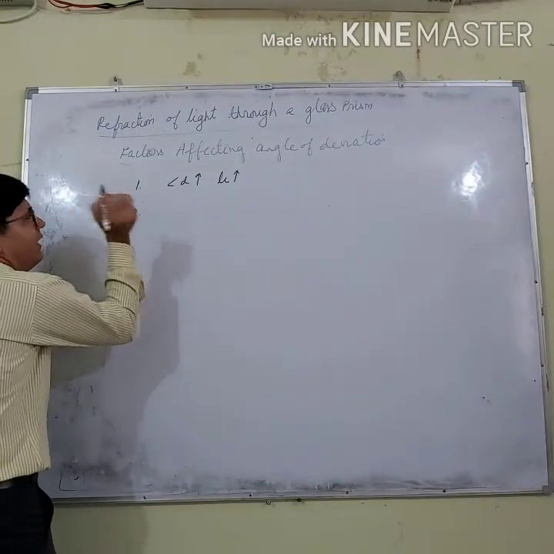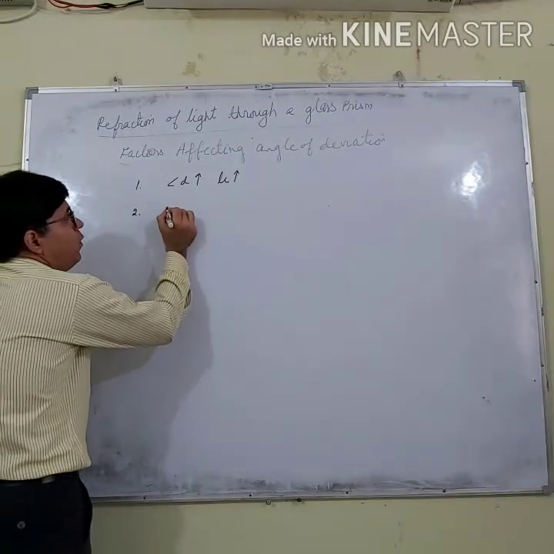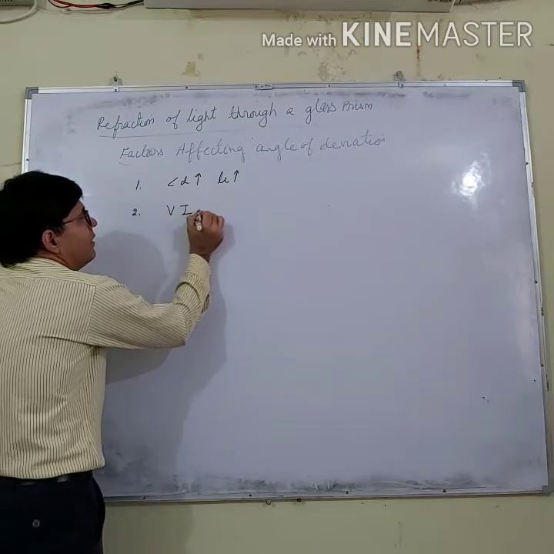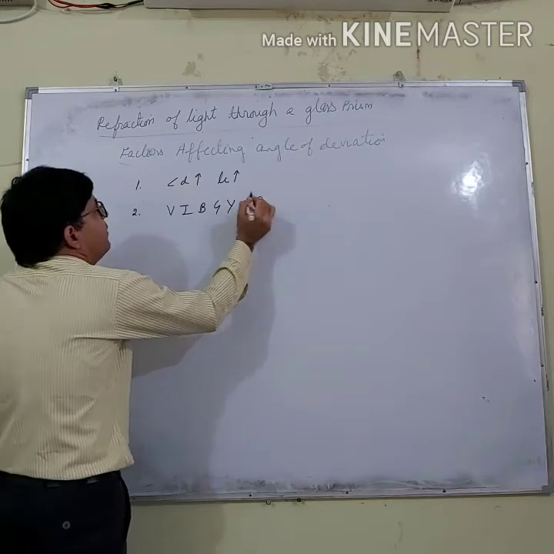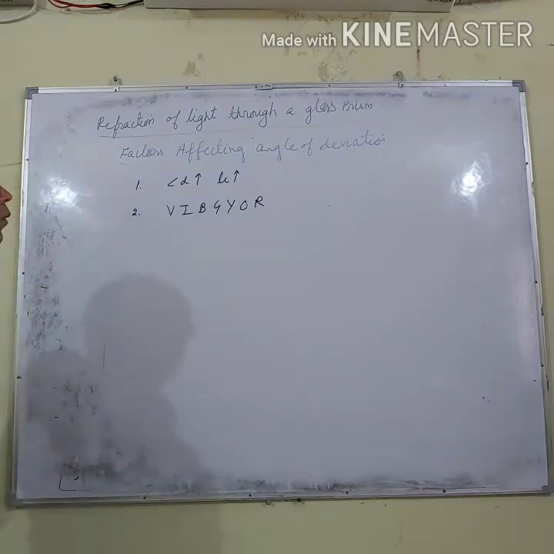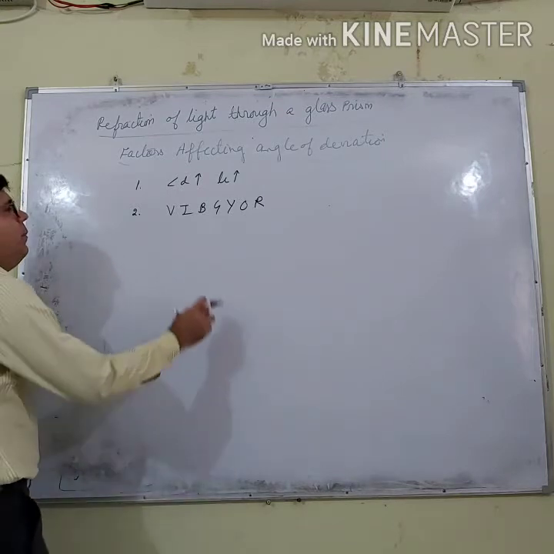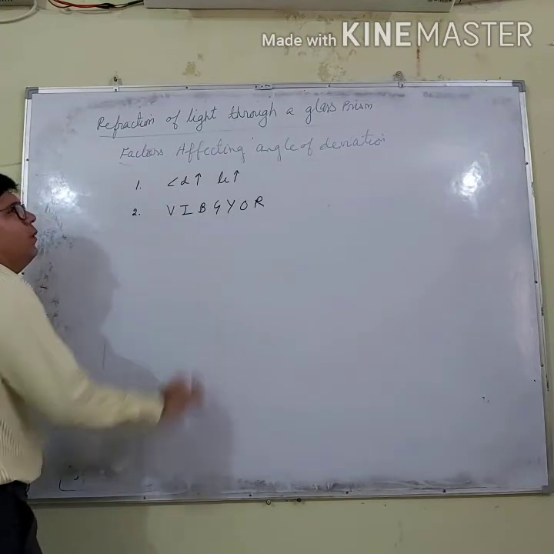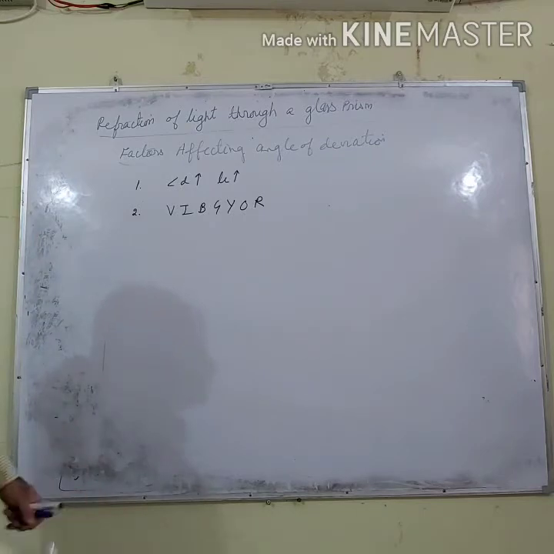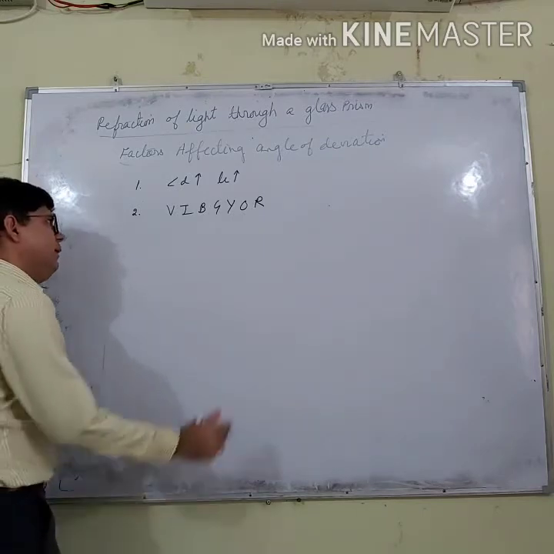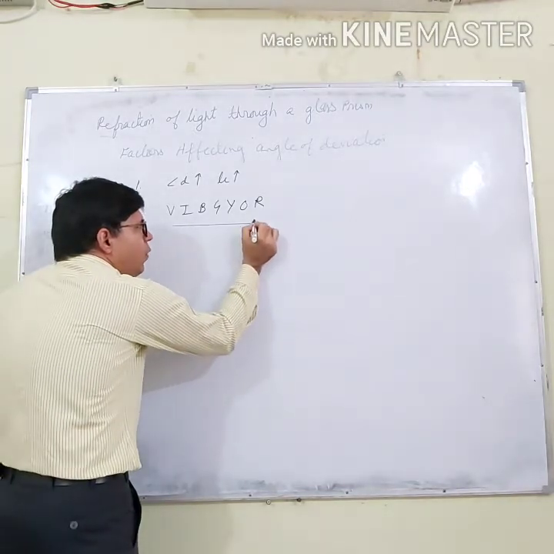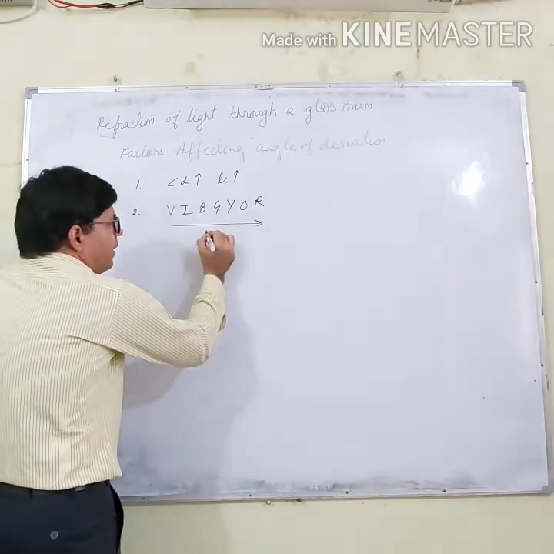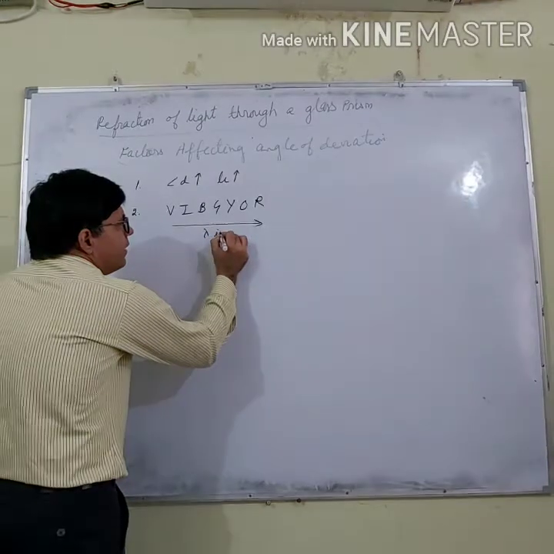The second point is that all of you are aware there is VIBGYOR. All of you know what VIBGYOR is? These are the colors of white light, when the light passes through the prism. So what happens in this case? Let me tell you one thing, which I told you before starting this chapter: if I move from violet to red, the wavelength increases.